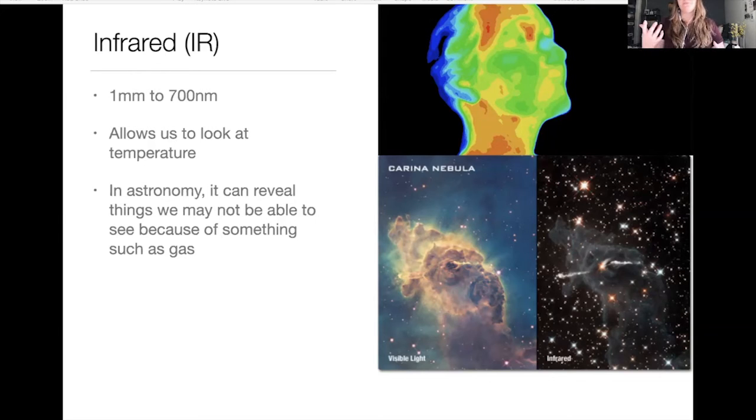So infrared can tell us about the centers of galaxies or nebula clouds that we may not be able to see because of physical objects we can't see past. Light is really cool because it allows us to see beyond things, and that connects to other portions of the spectrum, which we'll see later.